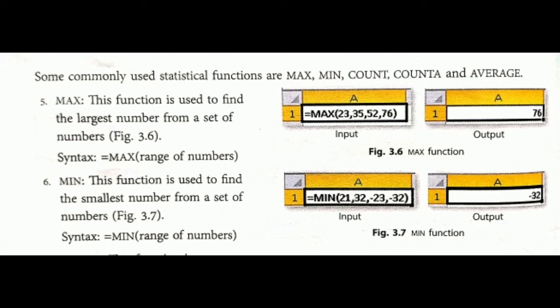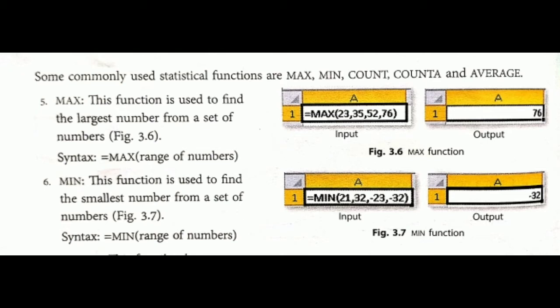Okay. Min is used to find the smallest number, and max is used to find the largest number. See in figure 3.7, the input has been given as equal to min of 21, 32, minus 23, minus 32. We know that in the number system, first the negative numbers come, then 0 comes, and then the positive numbers come. So here the smallest number is minus 32.